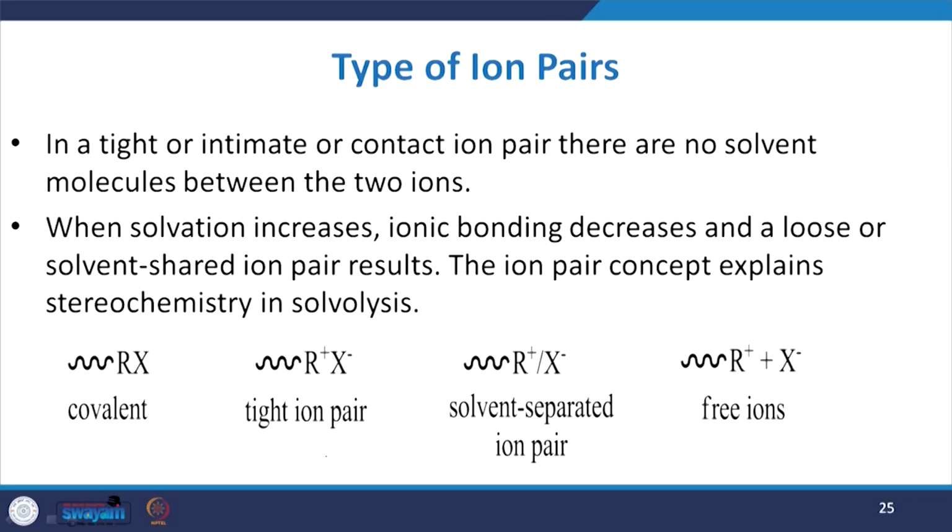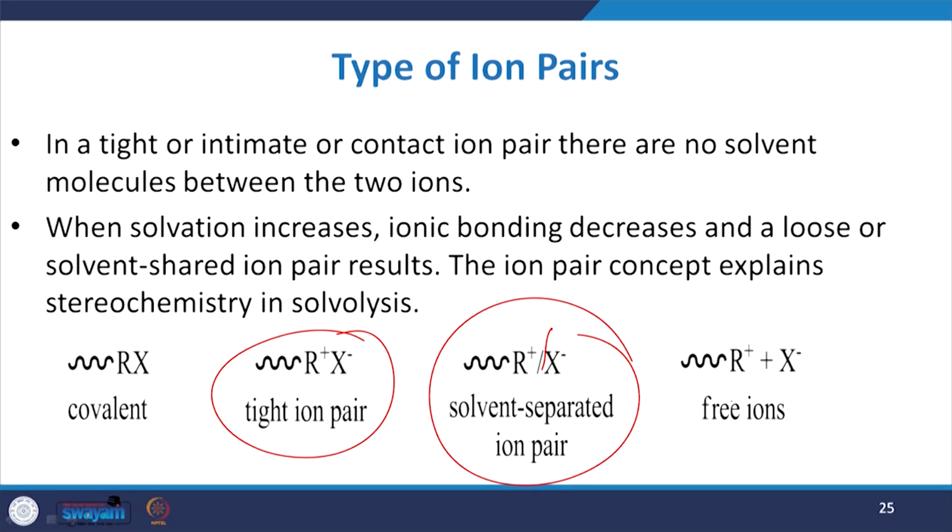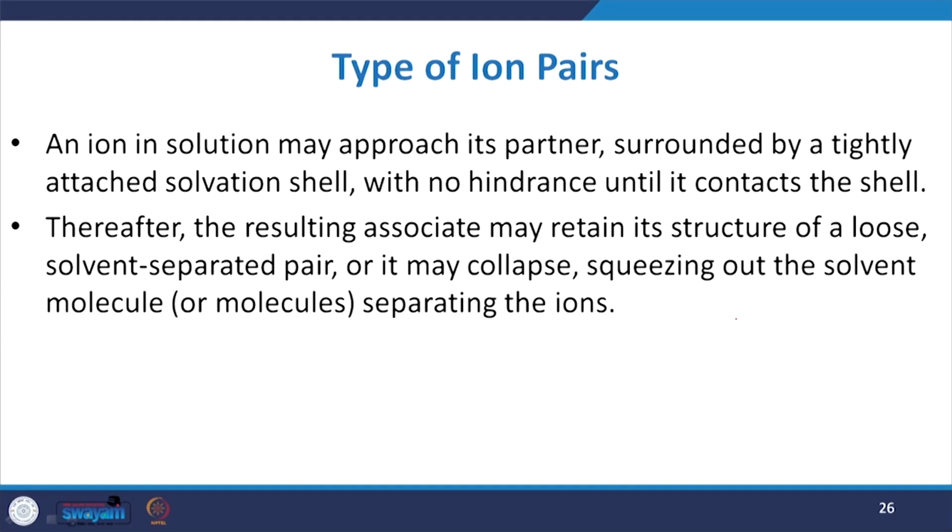The ion pair concept explains the stereochemistry in solvolysis. You see here this is the tight ion pair R plus X minus, and then the solvent separated ion pair, and when the solvent acts its role, it may become the free ions, R plus and X negatively charged. So an ion in a solution may approach its partner surrounded by a tightly attached solvation shell with no hindrance until it contacts the shell.